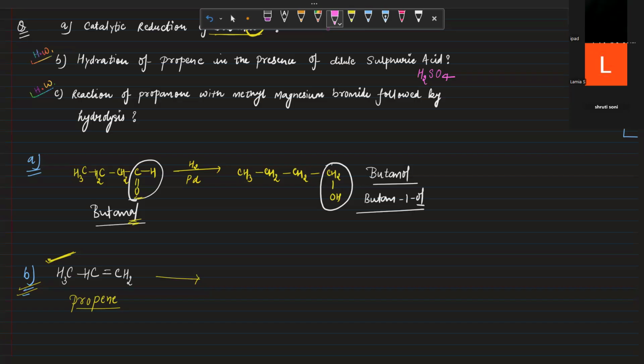Hydration means addition of water. Do you remember the first reaction from alkene to alcohol? Yes, it adds on. We discussed that a nucleophile adds on. Oh no, that's something else. Reaction mechanism, let's see.